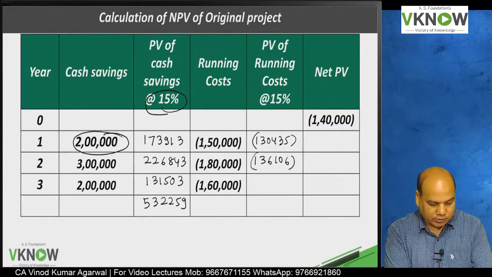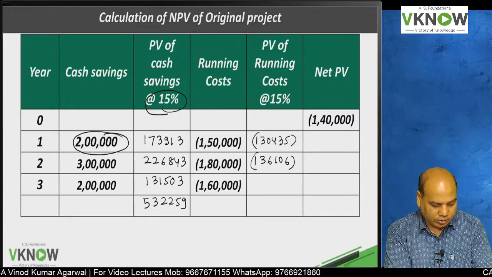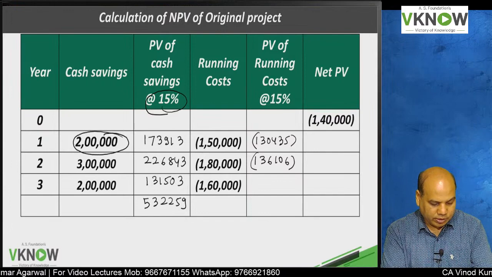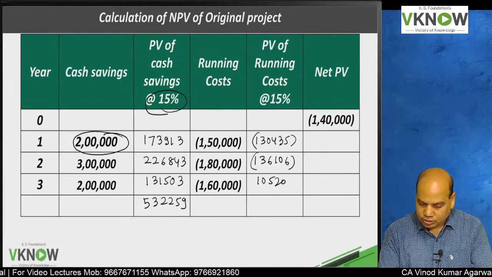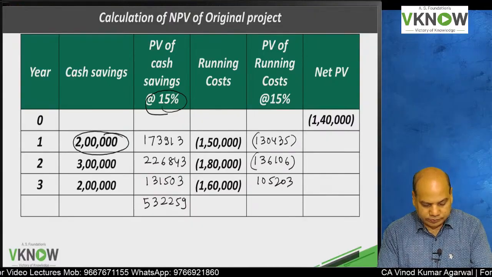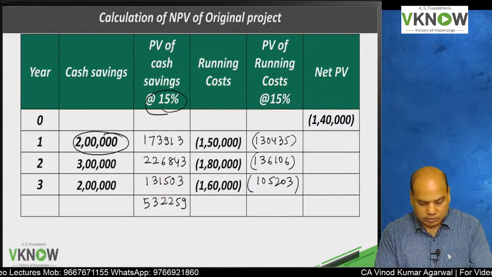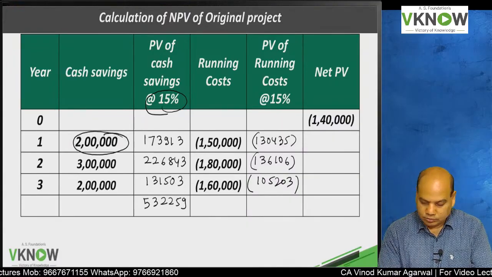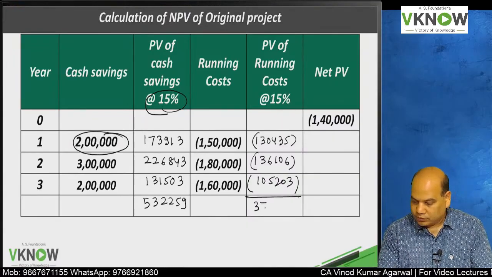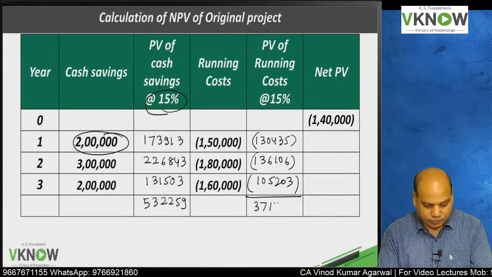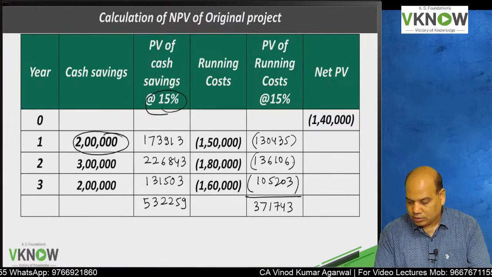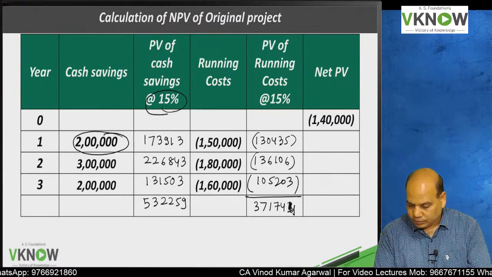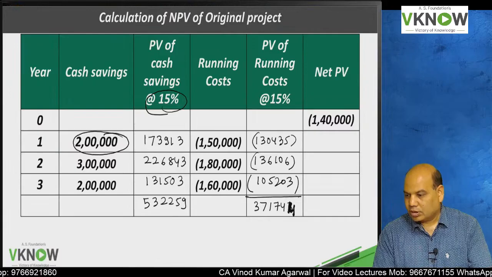Next 1,60,000 divide by 1.15 3 times equal to memory plus, 105203. Memory recall, this is 371744, or 3,71,743 or 4 you can write. Right.